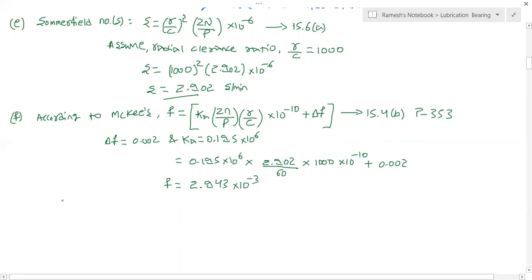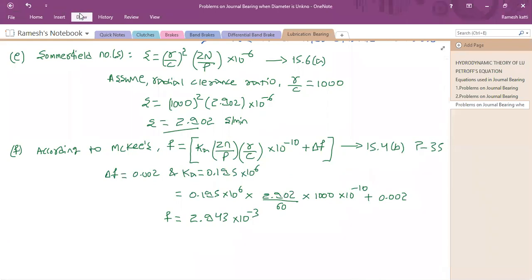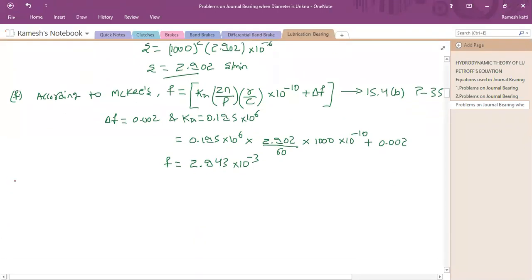After finding the coefficient of friction, now I need to find the minimum film thickness. How much is the minimum film thickness? That is important. The next step is to find the minimum film thickness.